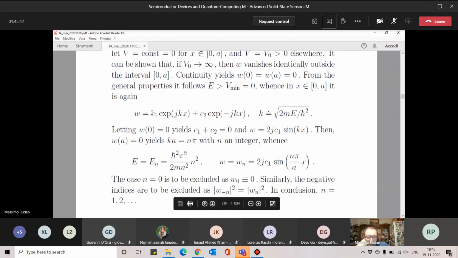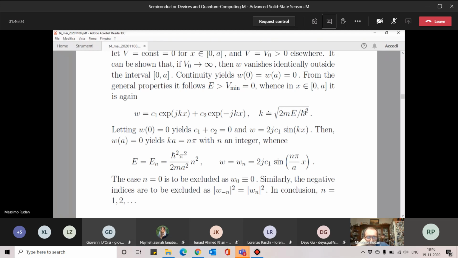W is C1 exponential of jkx plus C2 exponential of minus jkx, and the expression of k is just the same as before. It's the square root of 2mE over h bar squared.